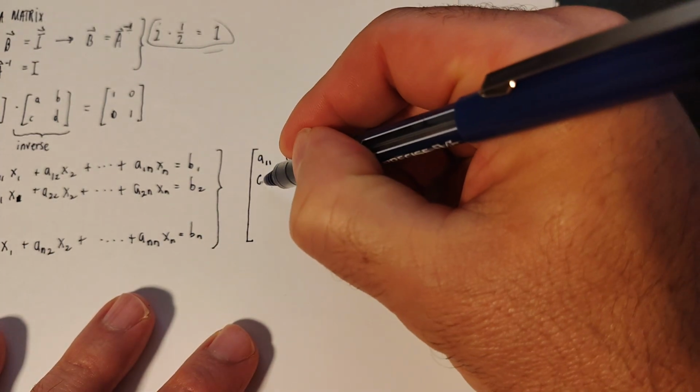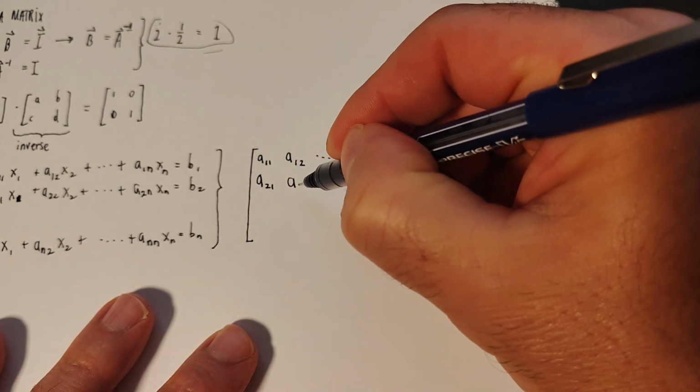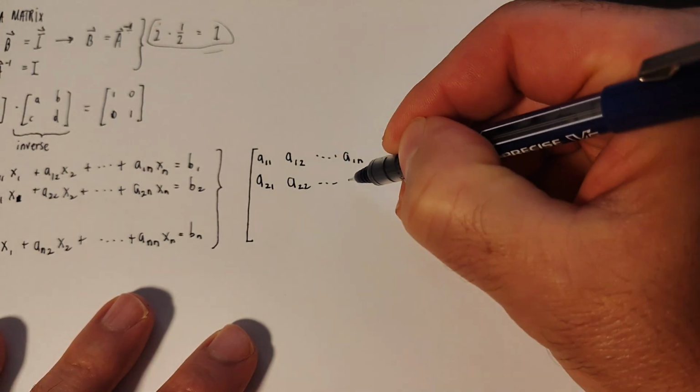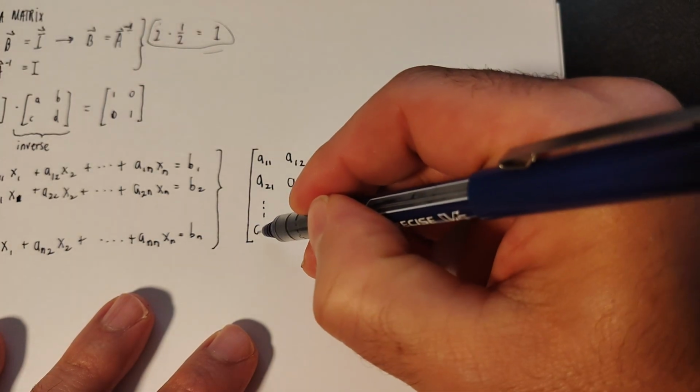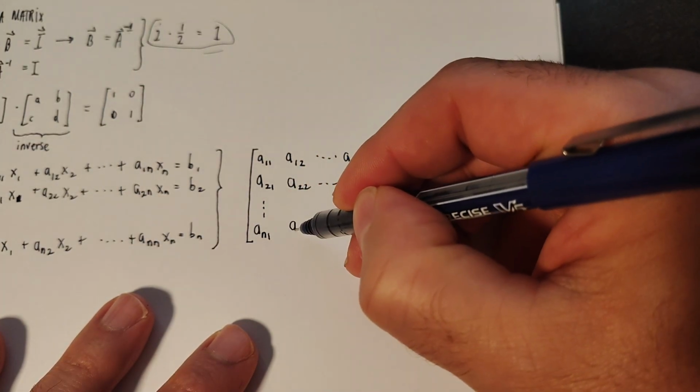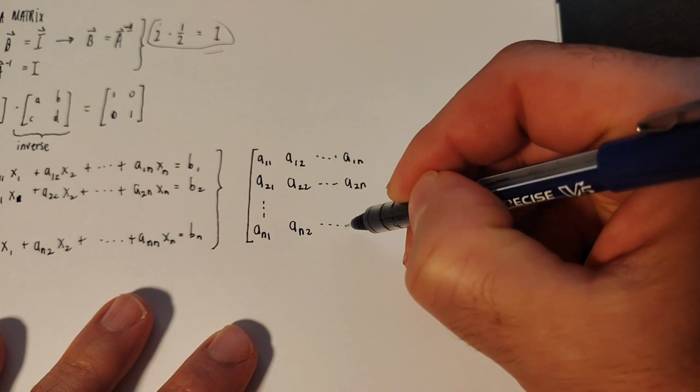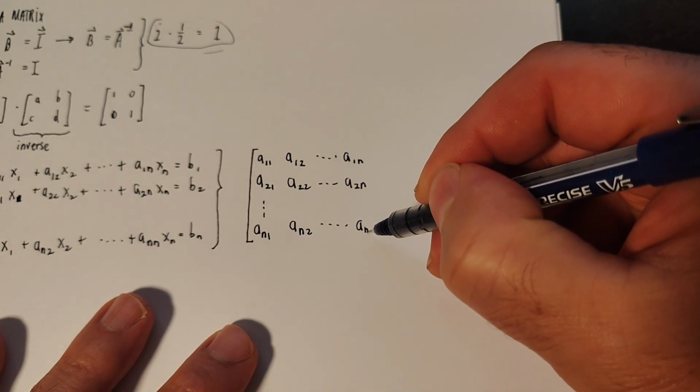And this was a2,1, a2,2, all the way out to a2n. And went down to an1, an2, ann.